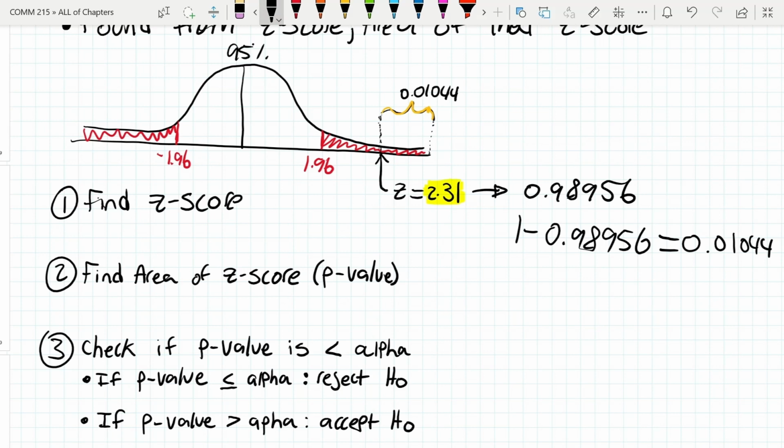So in this example, again, our p-value is 0.01044, and our alpha is going to be 0.05. Is it 5 or 0.5? Yeah, I believe it's 0.05, because this is 5%.